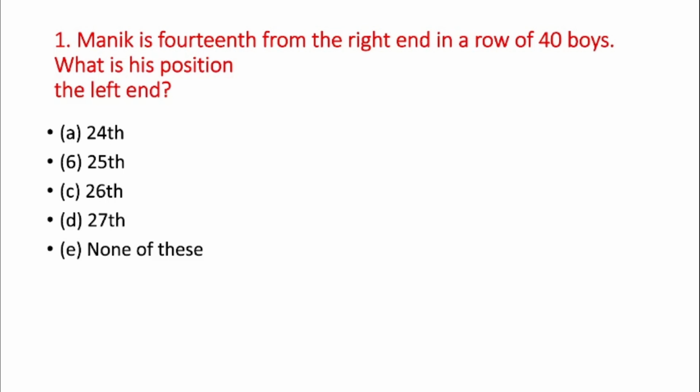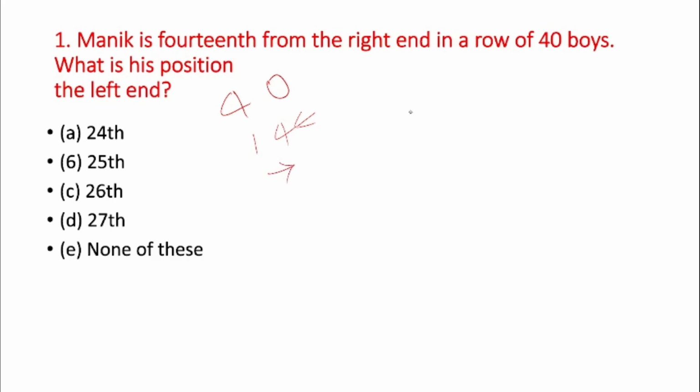So here, there are a total of 40 boys in a row. Manik's position is given from the right end: 14. We have to determine the position of Manik from the left end. We have the same formula, whether it is given from the right end or the left end.